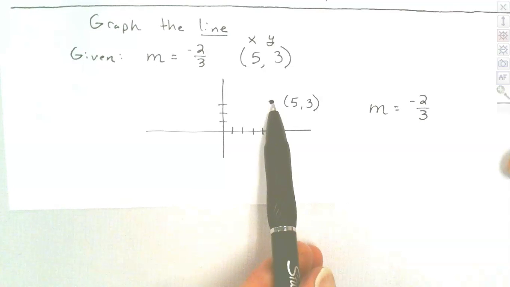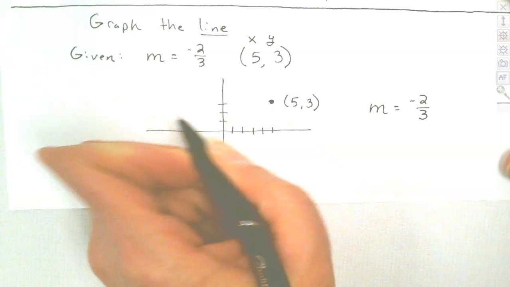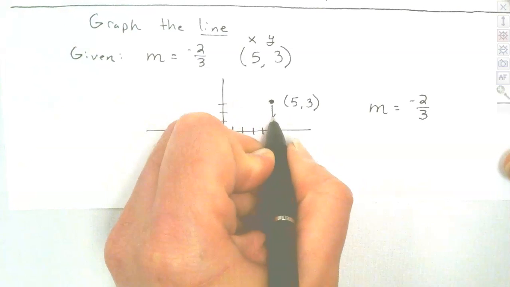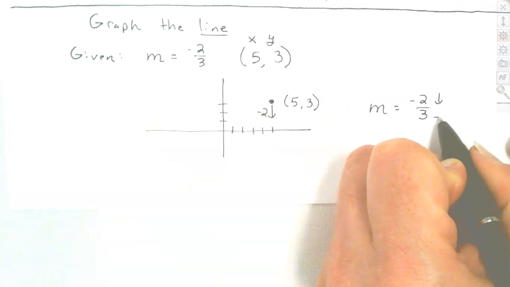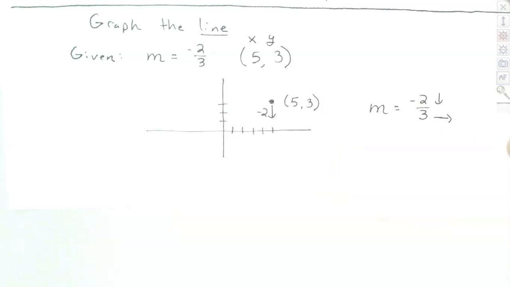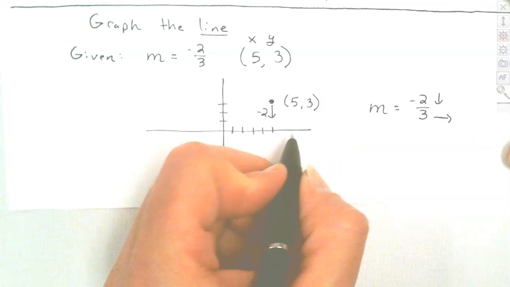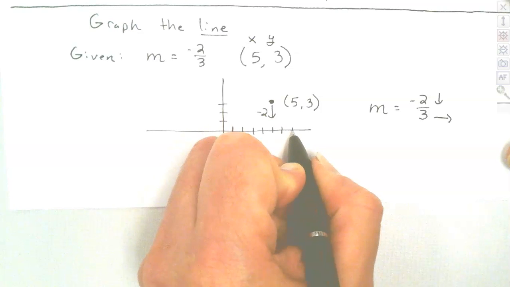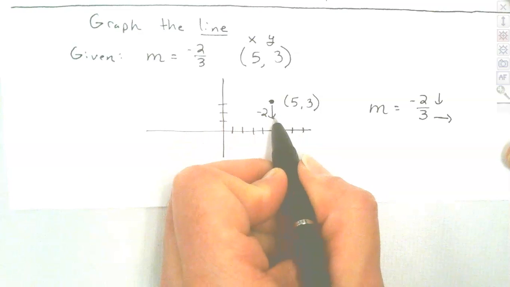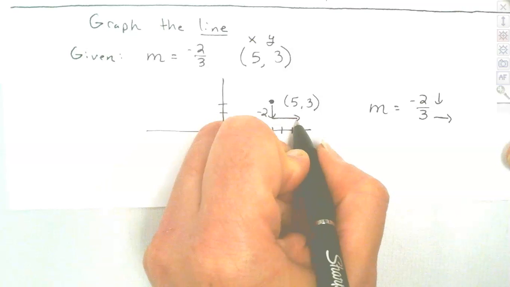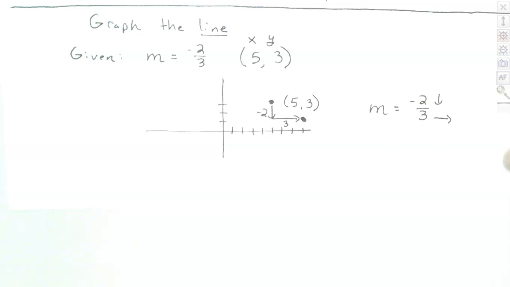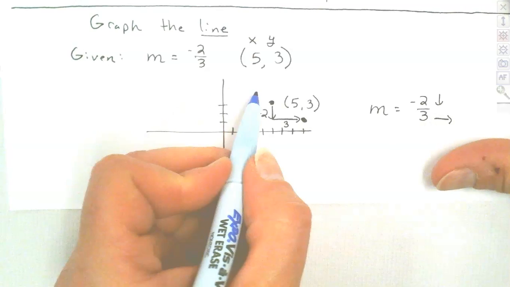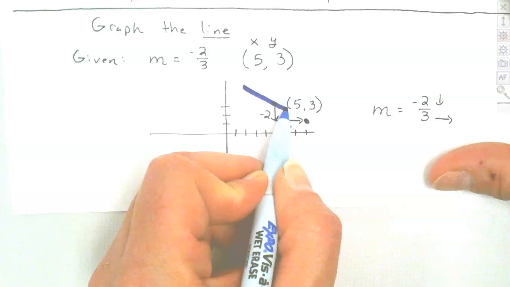Well, we start right here at our 5, 3, and we have to go down 2 units, because this is your Y part, this is your X. So we're going to go down 2 units, and then we're going to go over 1, 2, 3 units. So down 2, over 3. And make our dot. And that is what we need to get our line. We've got our 2 points now. We can connect them together.